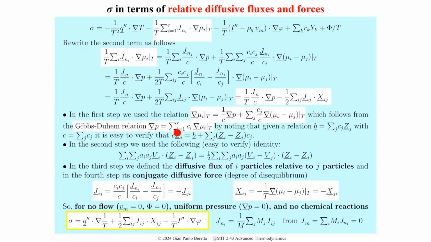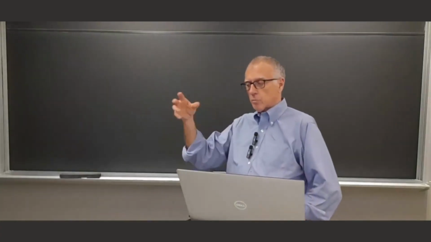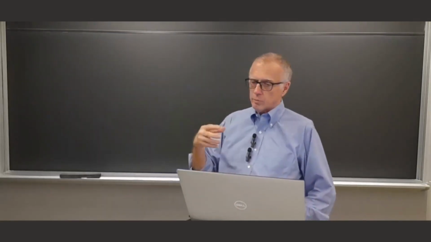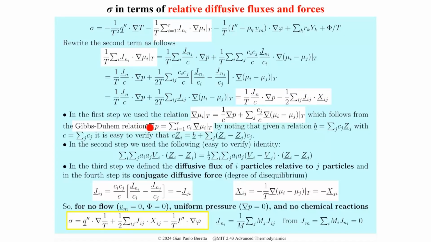It says that the weighted sum of those gradients of chemical potentials, weighted on the concentrations of the constituents, gives the gradient in the pressure. Remember that the pressure, we managed to make it disappear by working in terms of properties per unit volume, but here it reappears via the Gibbs-Duhem relation.